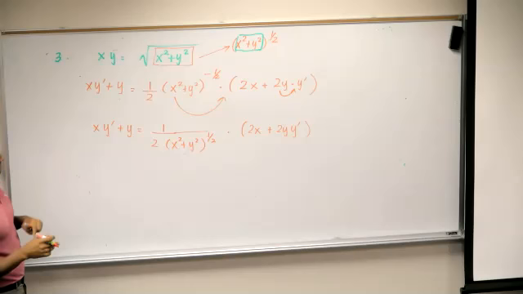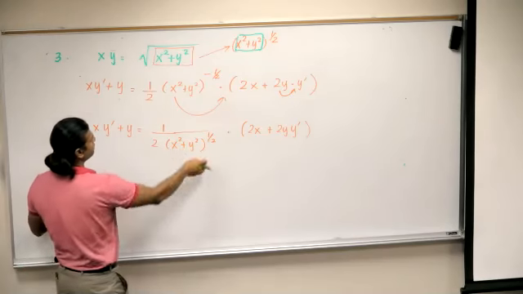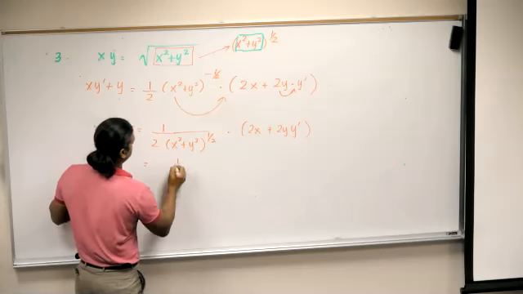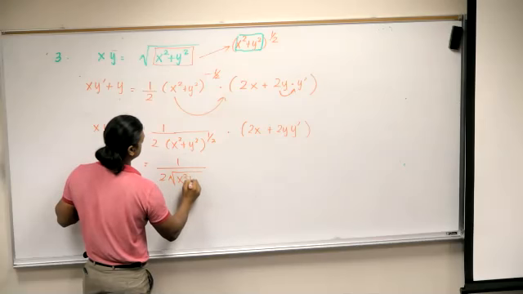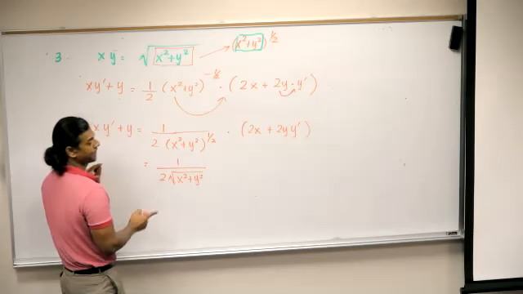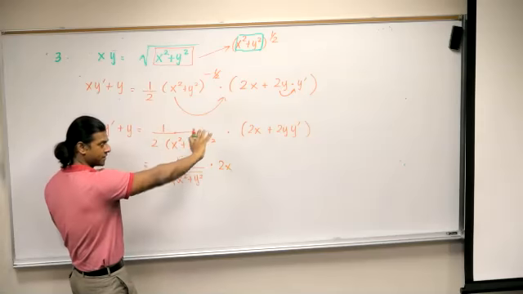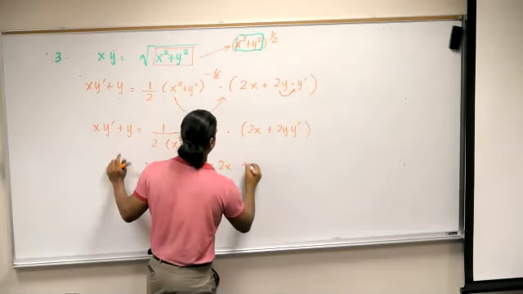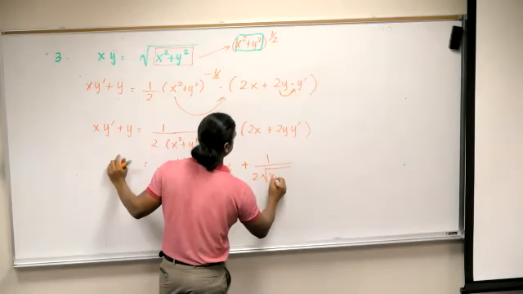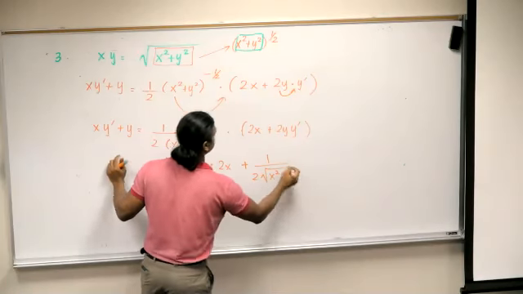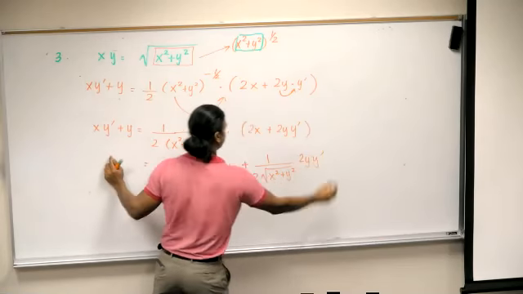Let me sort this out, and we want to solve for y prime. So this big term right here: 1/2 square root of x squared plus y squared multiplied by 2x, distributing that term in, plus 1/2 square root of x squared plus y squared multiplied by 2y y prime.